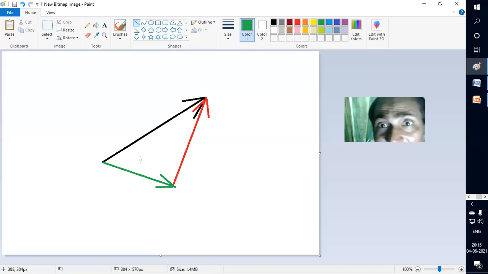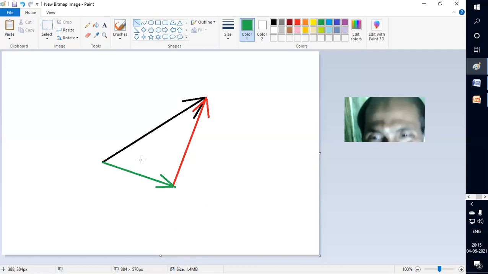One is green color vector and other is red color vector. If we add these two, the summation of those two vectors is going to give you the resultant black color vector. That means the black color vector can be split into two parts. One part is green in color and other is red in color.